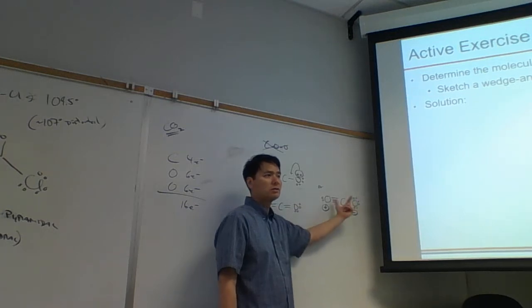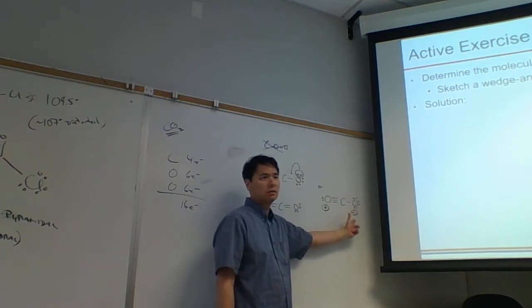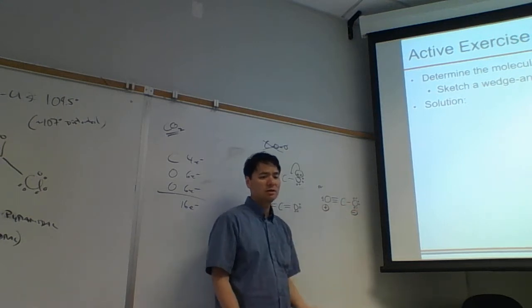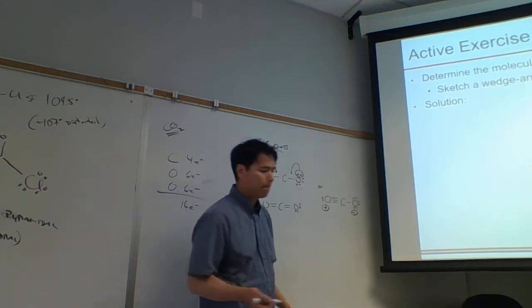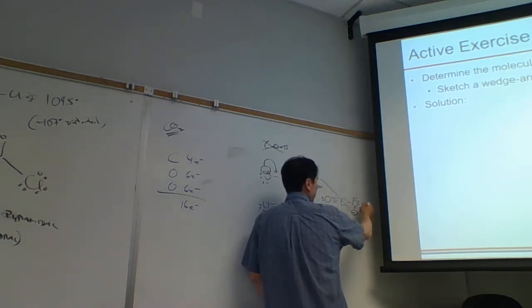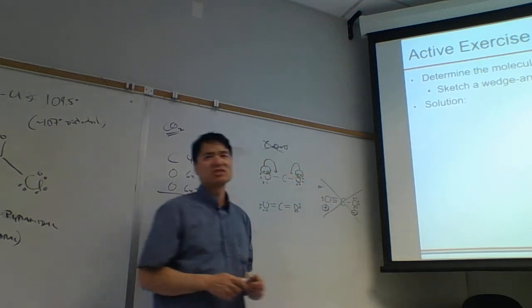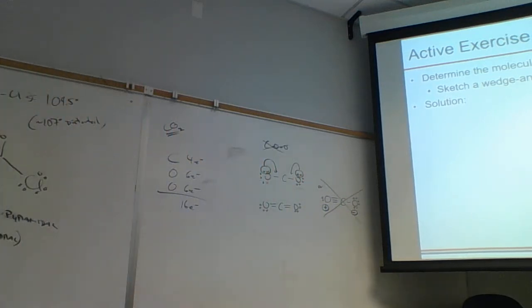No. This is an impossible situation. This is terribly unstable here. And so we would automatically eliminate this structure because it looks so bad. Even though everything has an octet, it doesn't look good from the standpoint of one oxygen gaining, the other oxygen losing. In an oxygen versus oxygen tug of war, it should come out as a tie. That's oversimplifying things because there could be other issues there.